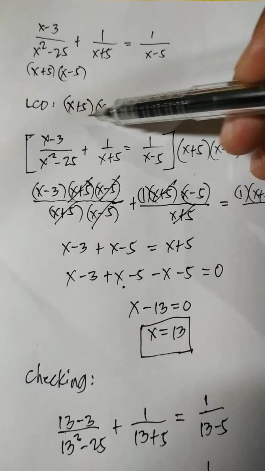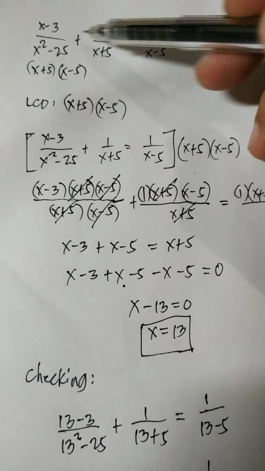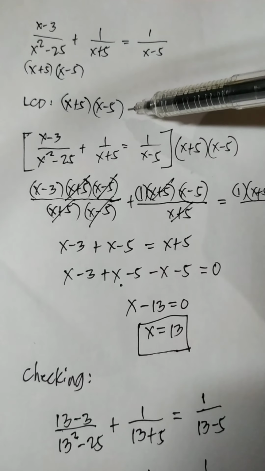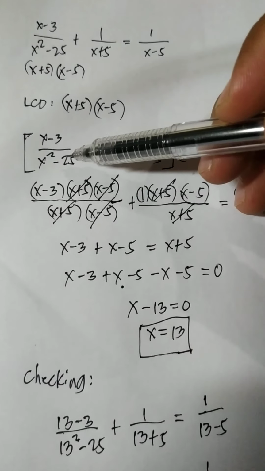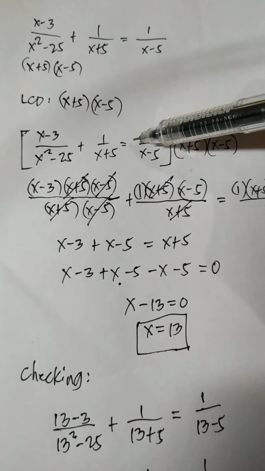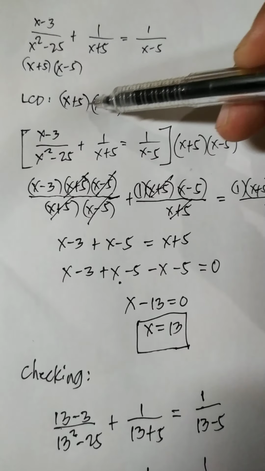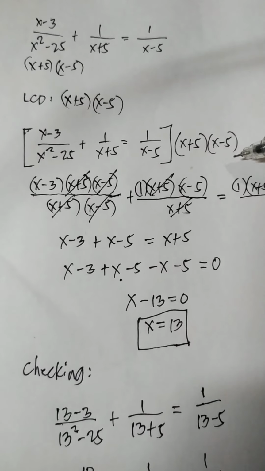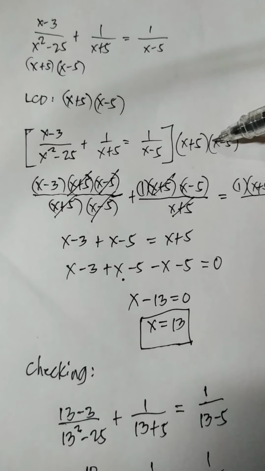This LCD we will multiply to our equation. Rewriting it: x minus 3 divided by x squared minus 25 plus 1 over x plus 5 is equal to 1 over x minus 5. Again, we multiply it by the LCD, x plus 5 times x minus 5.